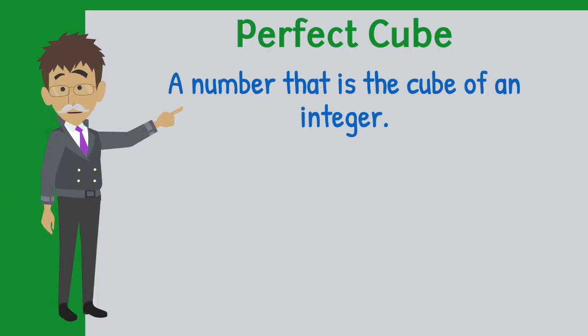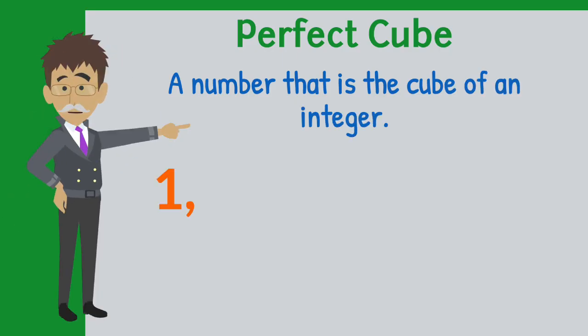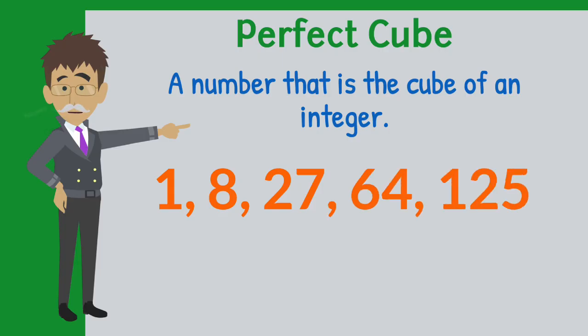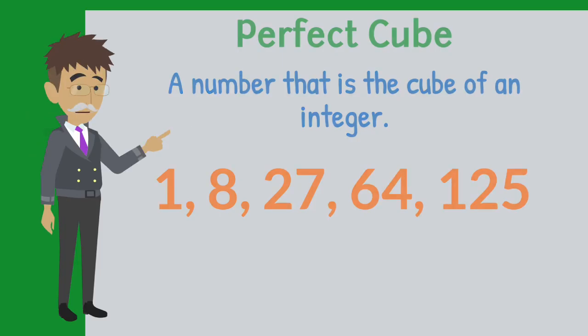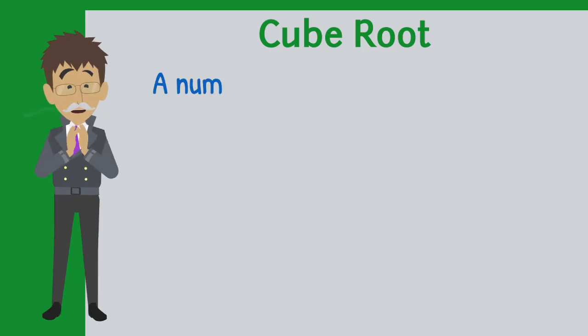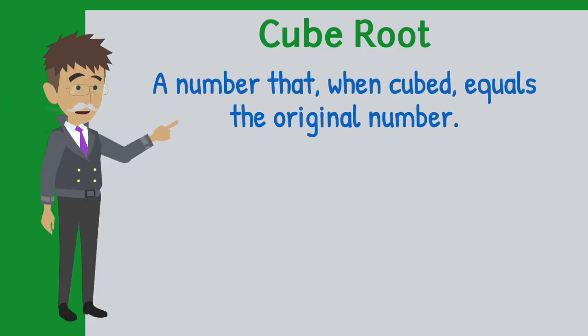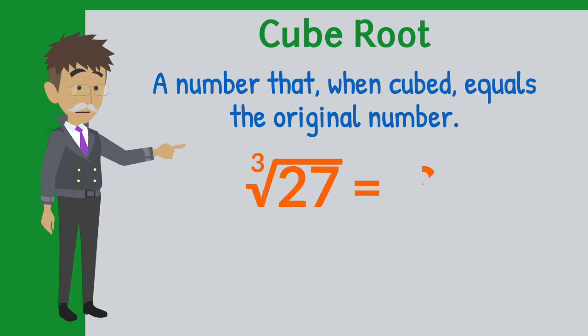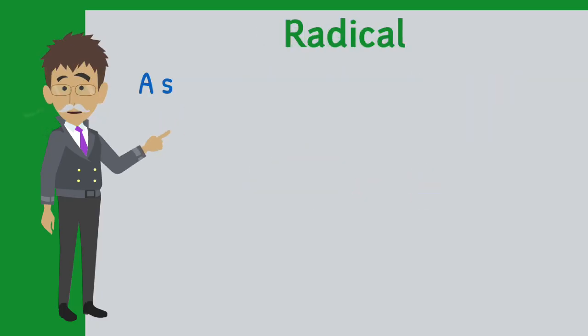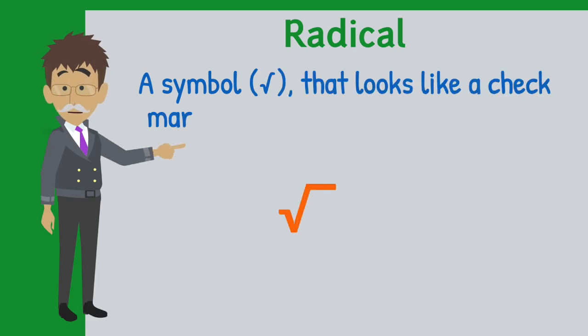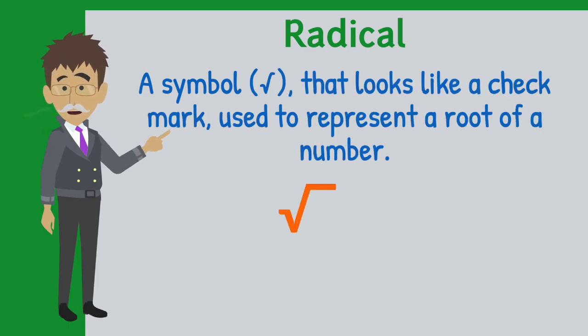The first 5 perfect cubes are 1, 8, 27, 64, and 125. Cube root. A number that when cubed equals the original number. For example, the cube root of 27 is 3. Radical. A symbol that looks like a check mark used to represent the root of a number.